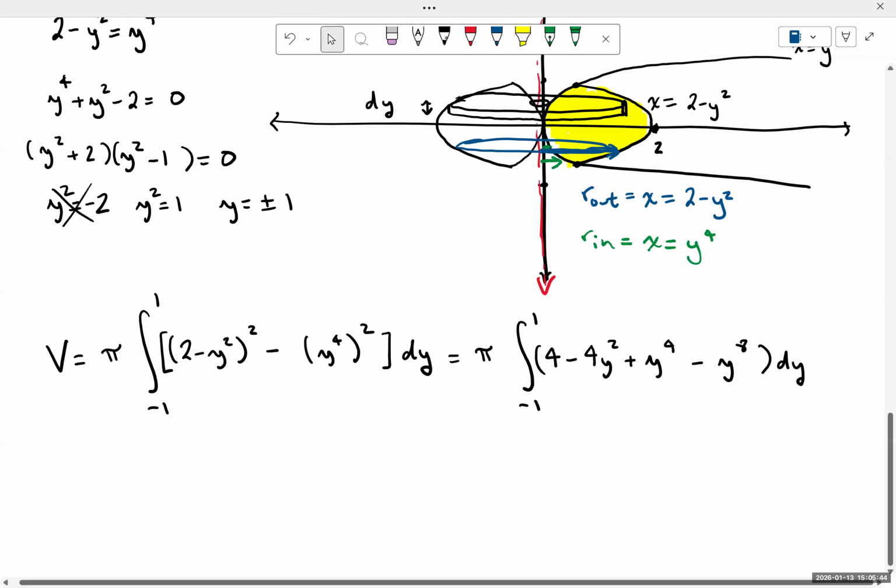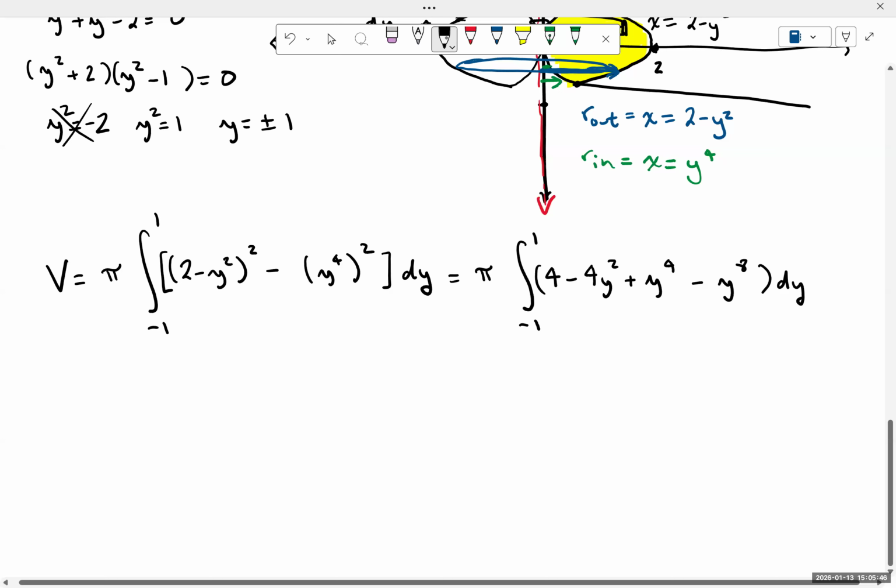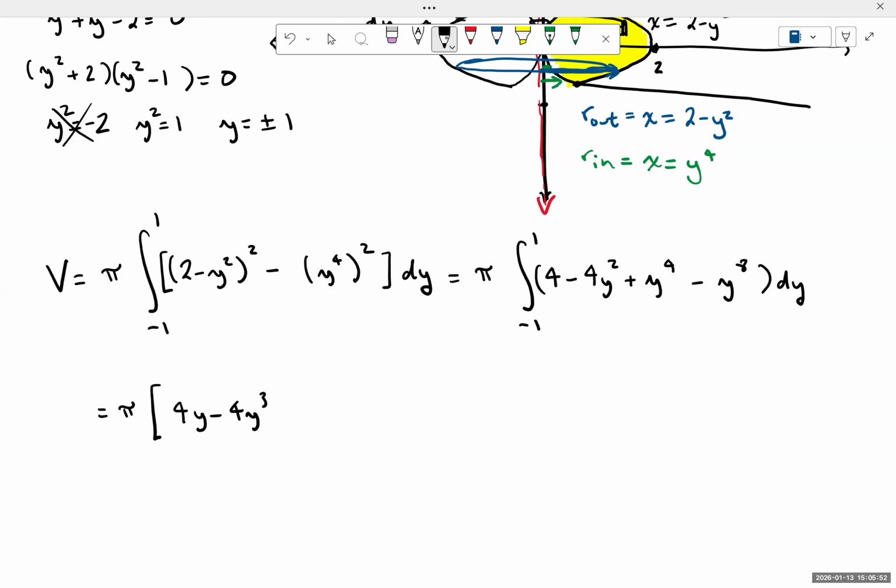All right, now let's evaluate that. I'm going to have 4y minus 4y cubed over 3 plus y to the fifth over 5 minus y to the ninth over 9. And then I'm going to evaluate from -1 to 1.